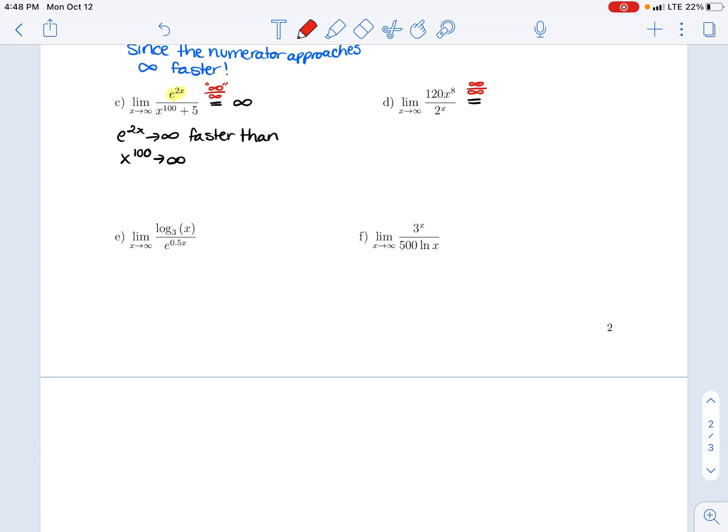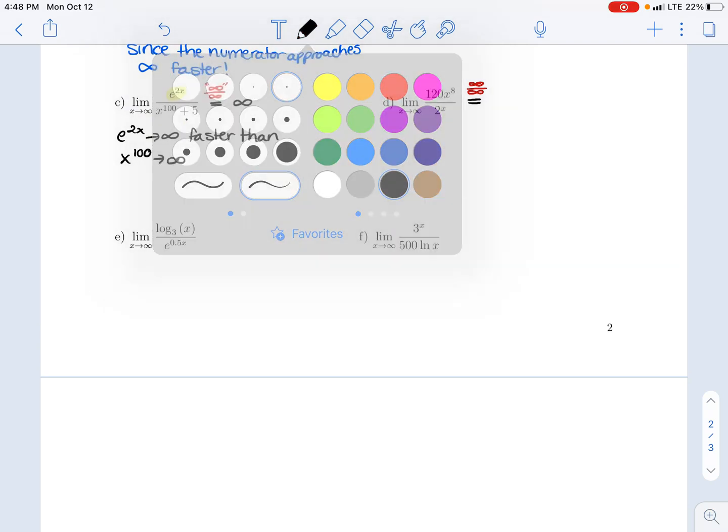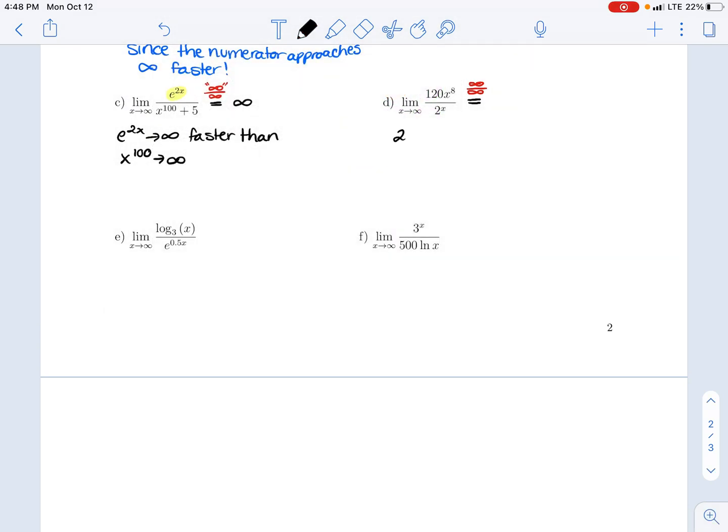And so I need to figure out which one is approaching infinity faster. Well, I know that the exponential function is going to approach infinity faster than the power function. Okay, and so since what's approaching infinity faster is in the denominator now in this case, then I know that that limit is going to be 0.